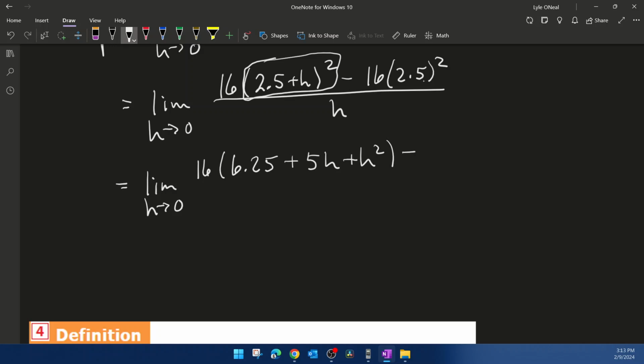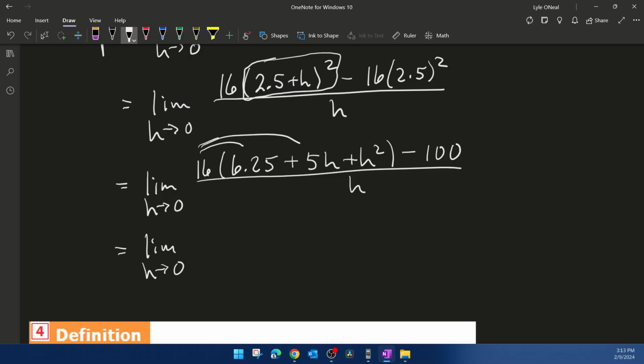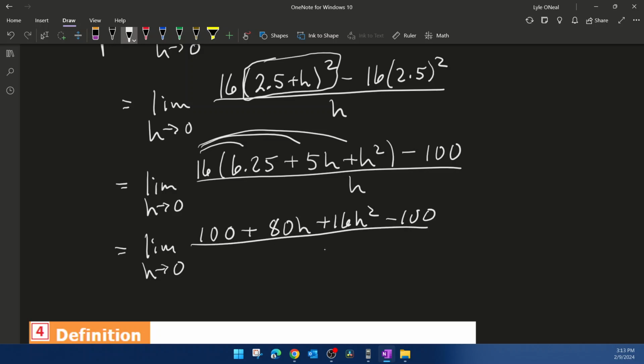Minus 2.5 squared, 6.25 times 16. I think that works out to be 100. All over h equals the limit as h approaches 0. Notice I keep writing the limit notation until I can calculate the limit with evaluation. We need to distribute. That's going to be 100 plus 5 times 16, which is 80h, plus 16h squared, minus 100, all over h.